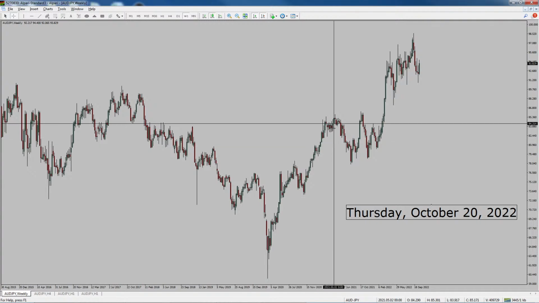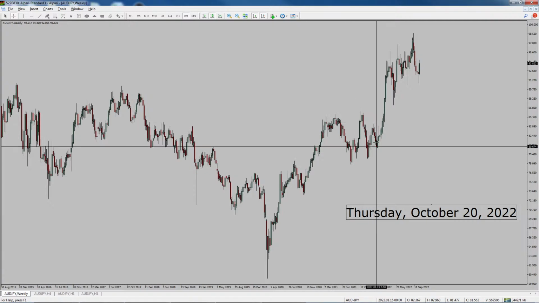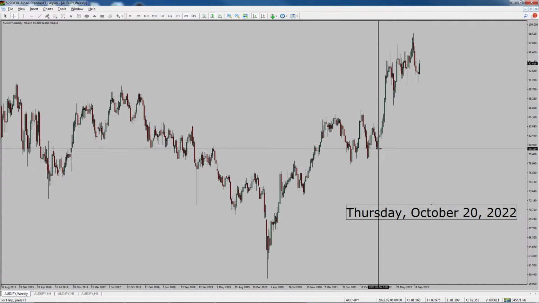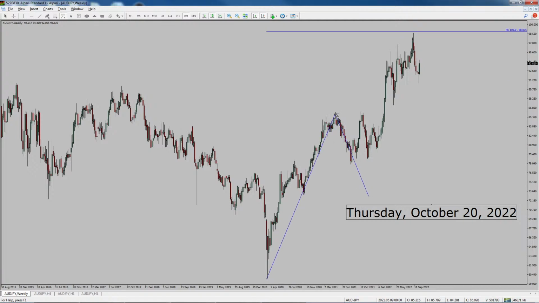Okay, it seems to me this is A, B, C, D, E. So yes, this is most likely A, B, and C. Okay, it's not 100%. If it isn't 100%, no problem. I will look at other things to verify.